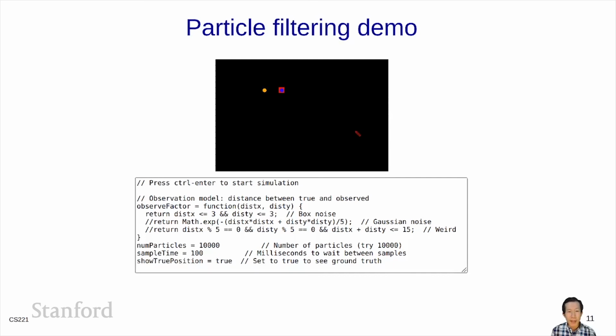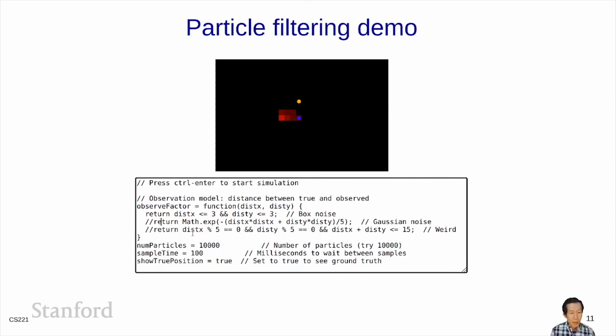Also notice that the red blob, where it thinks the object is, is not fooled by where the observation is, because there's enough noise here that the particle filter is essentially smoothing out the noise. The noise is jumping around a lot, but it's tracking and knows that the object can't be teleporting and is moving only by one step at most each time step.